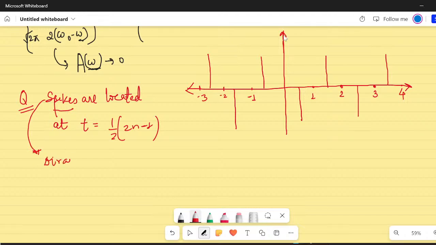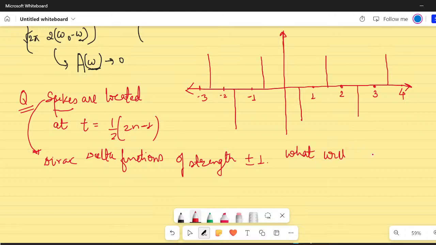At these points you have infinitely narrow spikes, which can be written as Dirac delta functions of strength plus minus 1. What would be the amplitudes in the Fourier expansion? What will be the amplitude? You can write Cn in the complex Fourier expansion.